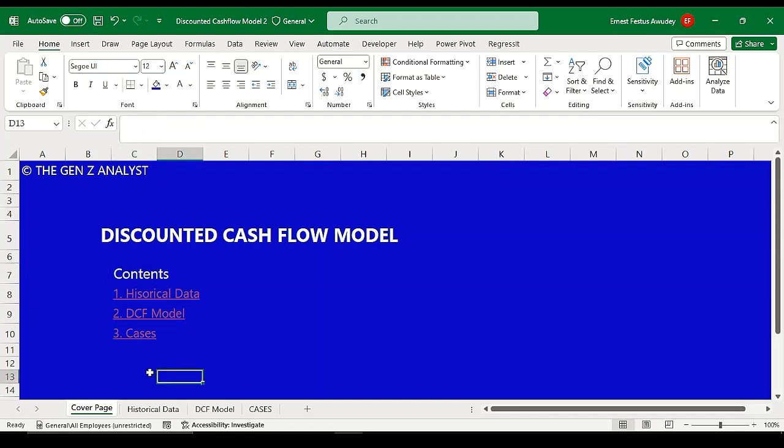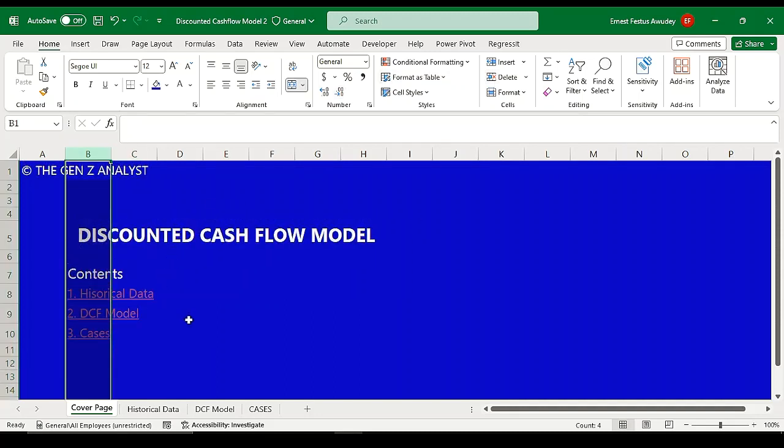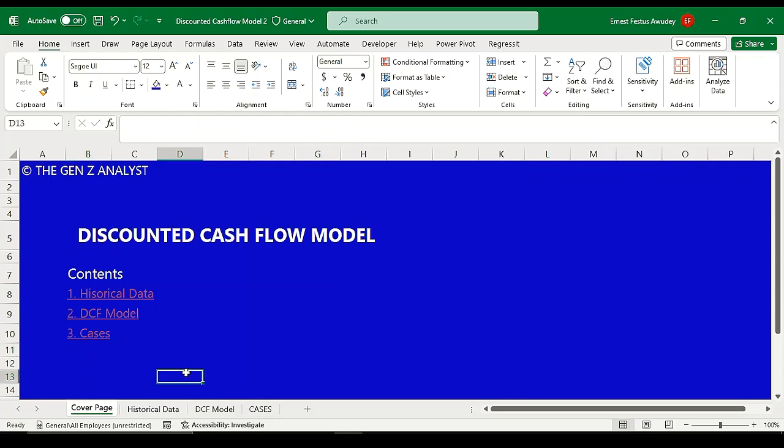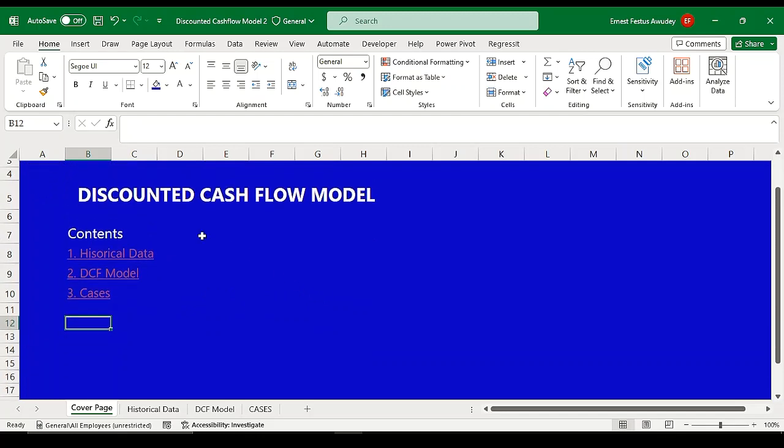All right, so another thing you can do is to probably add a bit of summary of whatever you have done. So if this is a real life financial model that we built, then we could have gotten more information. Whatever we are trying to achieve using the model, we will just summarize it here.